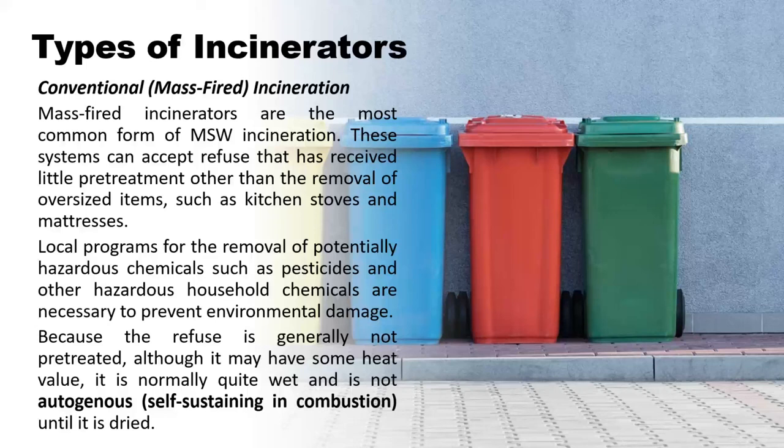So because the refuse is generally not pre-treated, although it may have some heat value, it is normally quite wet and is not autogenous, meaning self-sustaining in combustion, until it is dried. So this conventional type of incinerator uses auxiliary fuel, which provides for the initial drying stages.